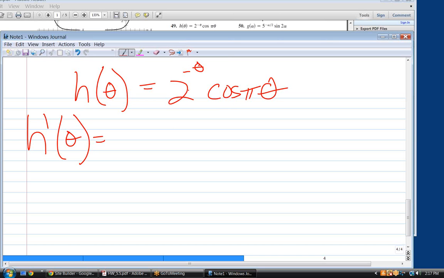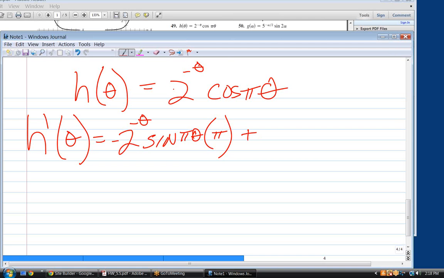So then, first 2 to the negative theta times sine pi theta times negative pi. Put the negative sign there. Put sine pi theta times pi. That's the first part, right?